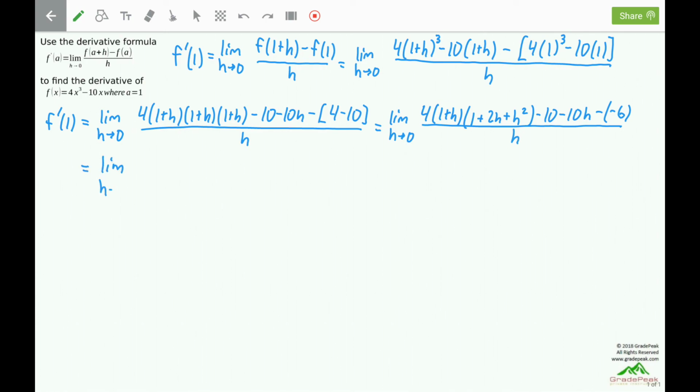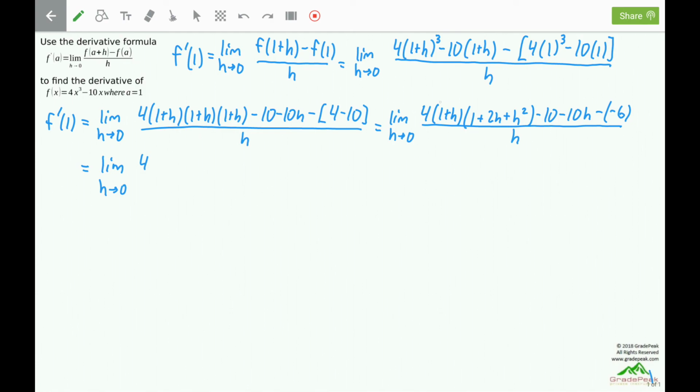So we will have the limit as h goes to 0 of 4 times. Now the next thing we're going to do is FOIL out 1 plus h, 2 terms, times 1 plus 2h plus h squared, 3 terms. 2 terms times 3 terms will give us 6 terms.